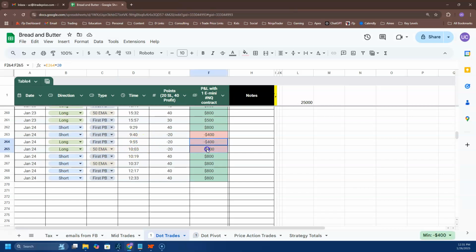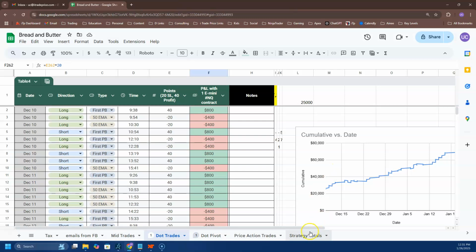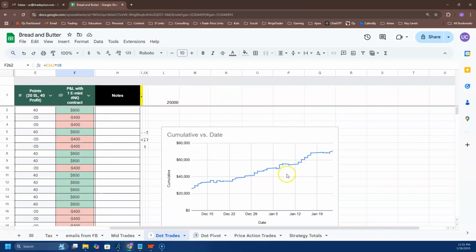So you only traded these many trades. You don't have to trade all day, all the setups. I do personally, and he does, but you don't have to. But if you do, as long as it has the positive expectancy, it should show you the positive chart right here, something like that.